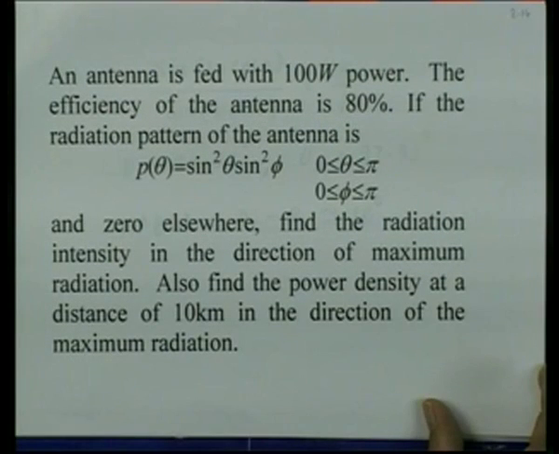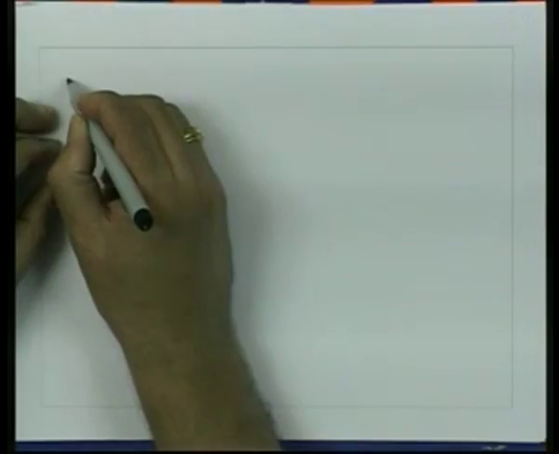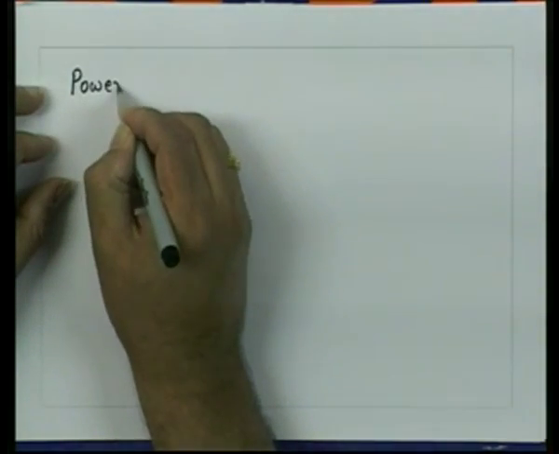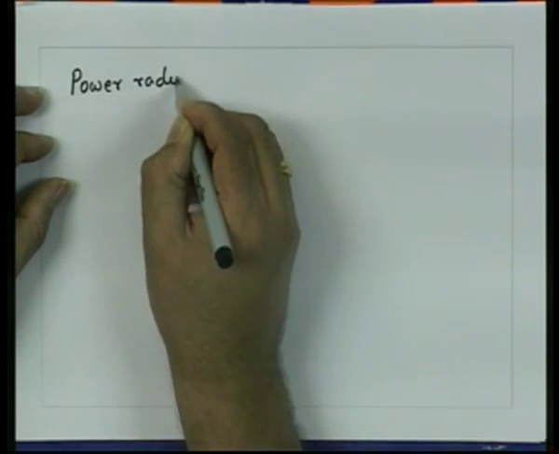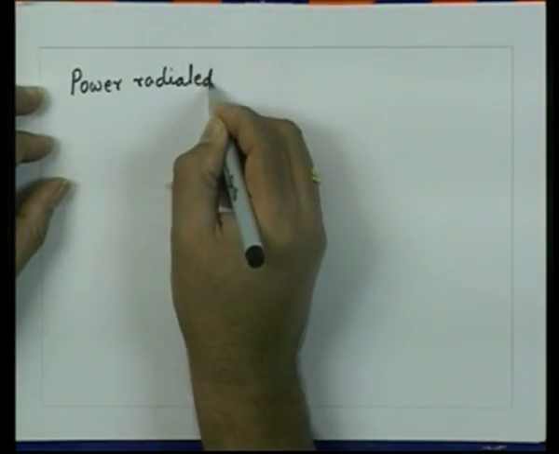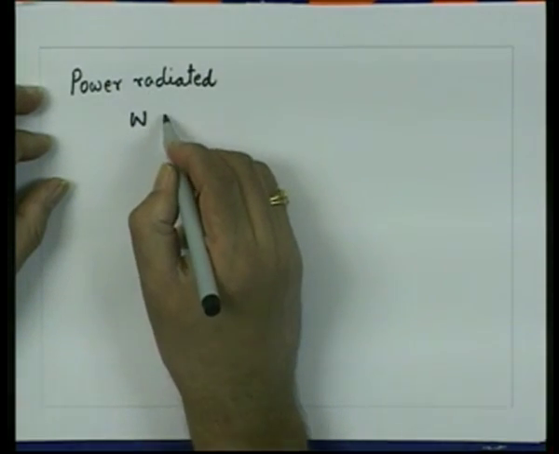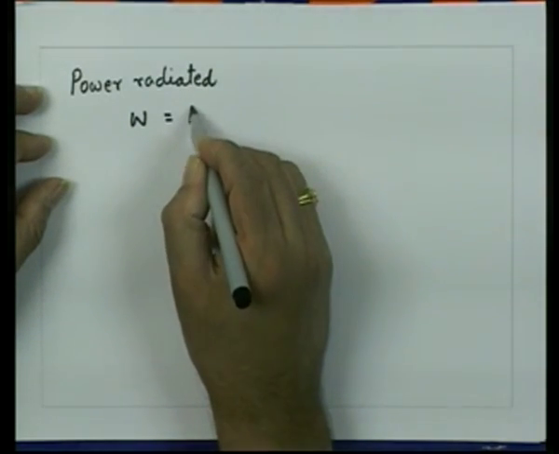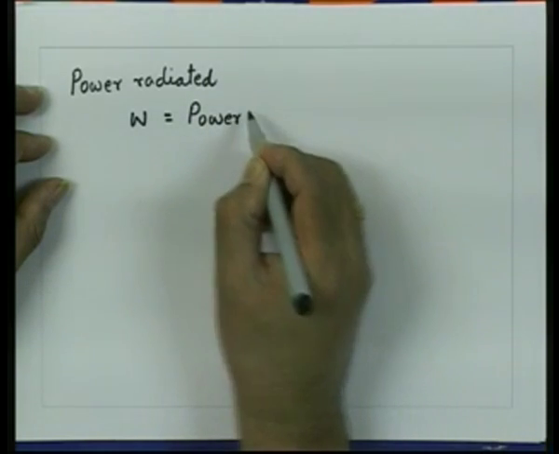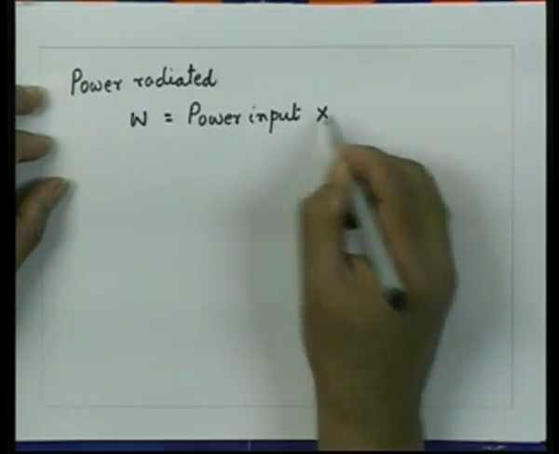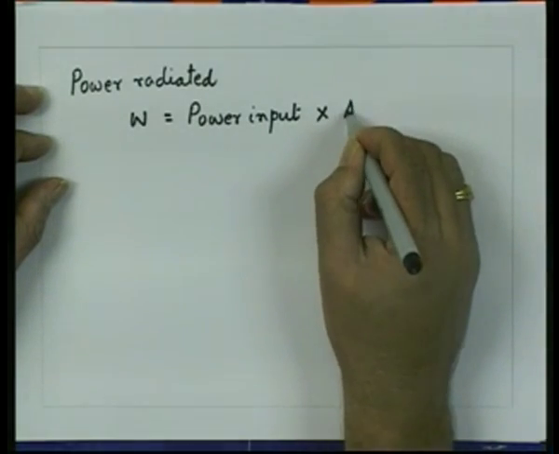So first we note the power radiated, W, that is equal to power input multiplied by the antenna efficiency.